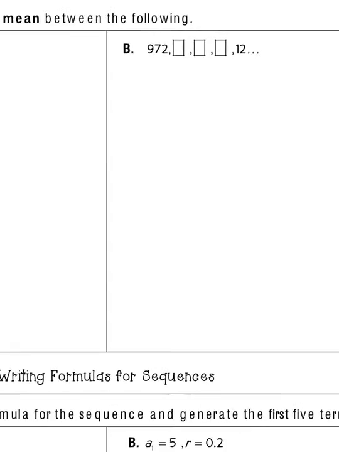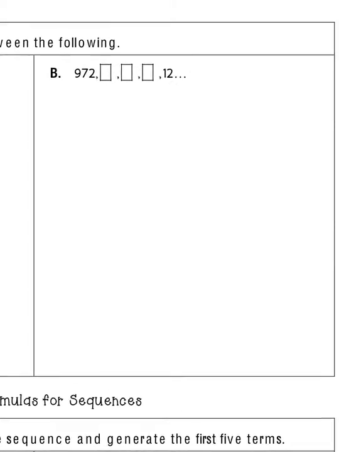Let's look at B. With B, the more of them that you have, you're going to have to do the geometric mean more. In other words, I'm going to take the geometric mean of these two, but it's going to give me the very center number. So let's start here. We're going to take the square root of 972 times 12.